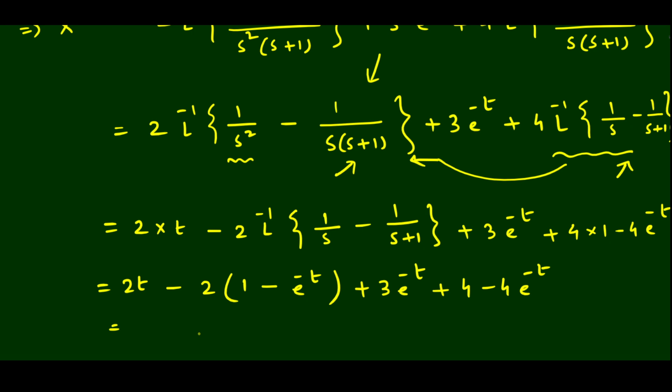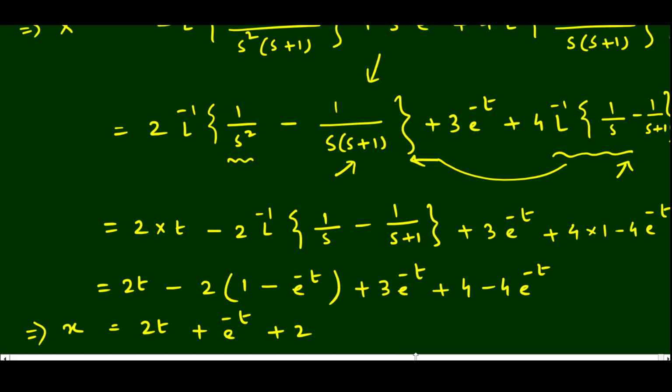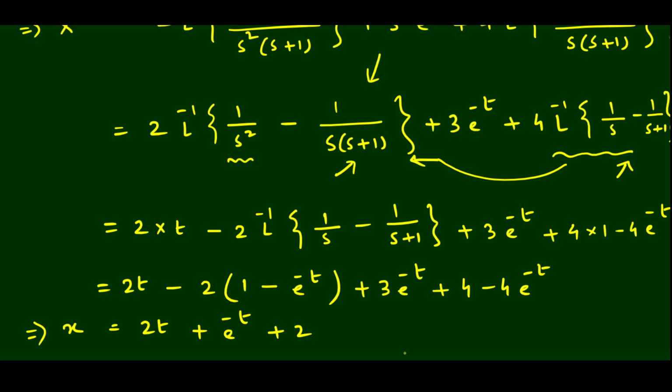We get 2t as one term, then plus 2 e to the power minus t, 3 minus 4 leaves only one e to the power minus t, and then plus 2. The left hand side is capital X, but we have to replace capital X by small x. So this is our answer. This is very simple.